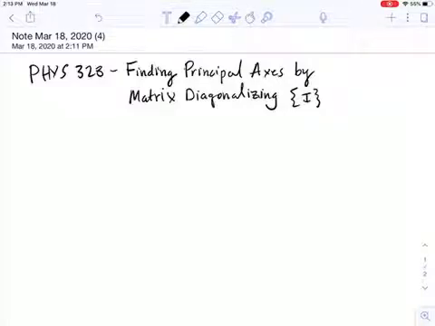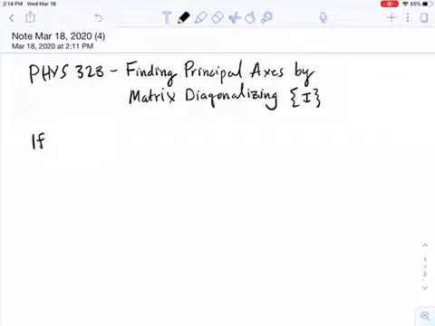So maybe this tensor that you calculated has off-diagonal elements. So how could you go from that to something that would tell you what axes you should choose such that when you calculate the rotational inertia tensor, it is diagonal?